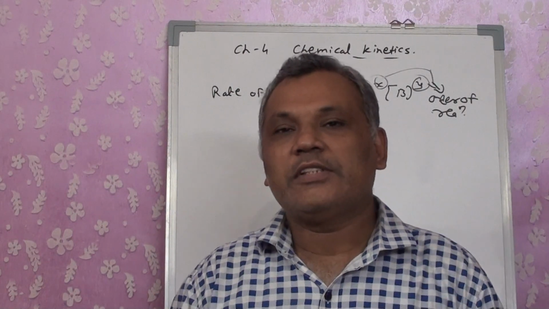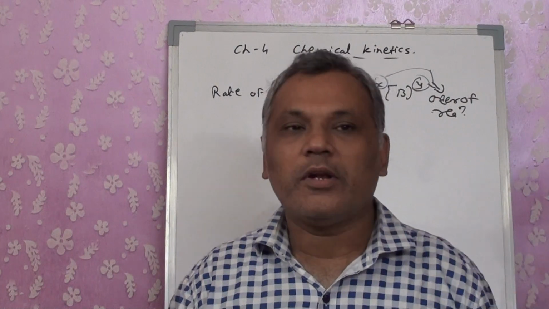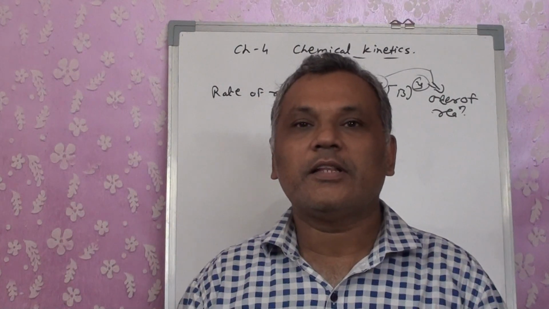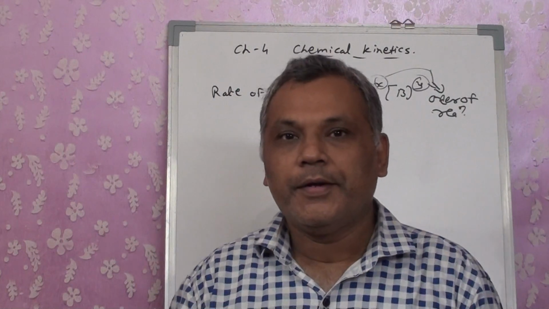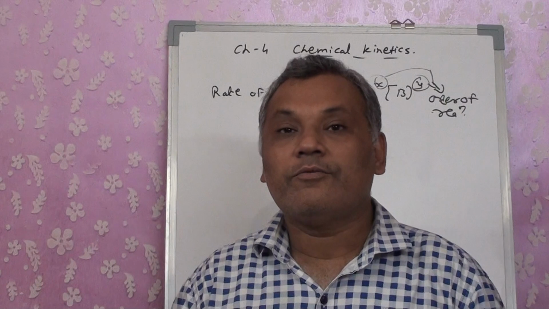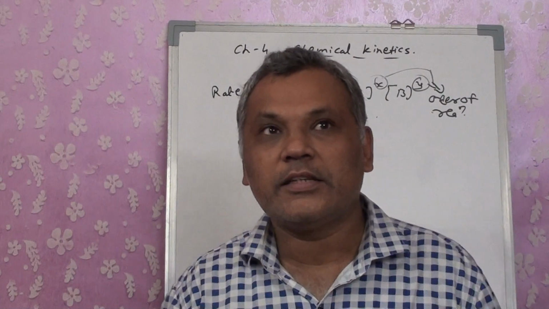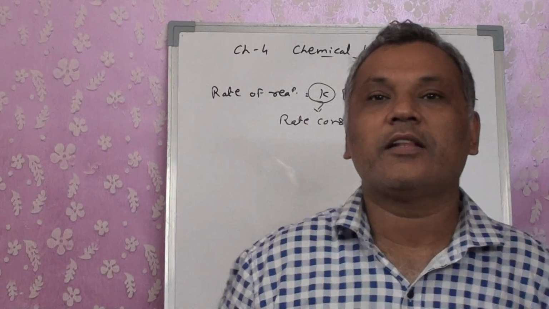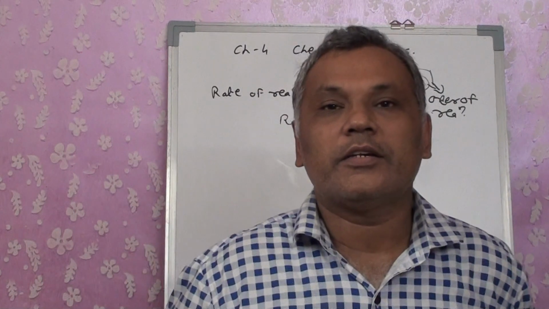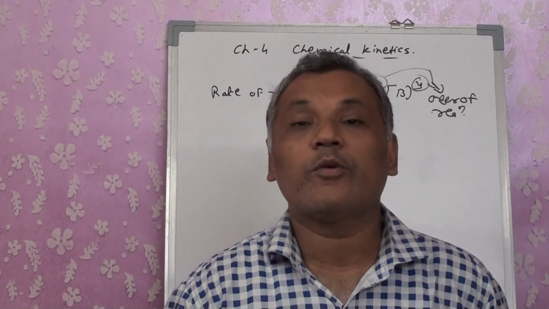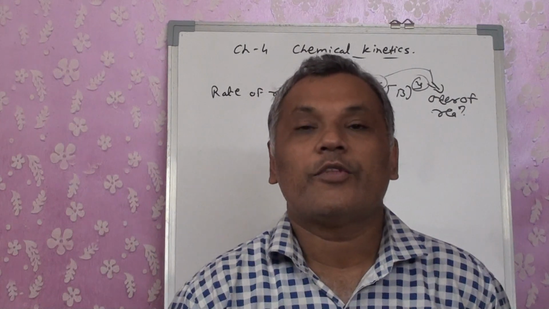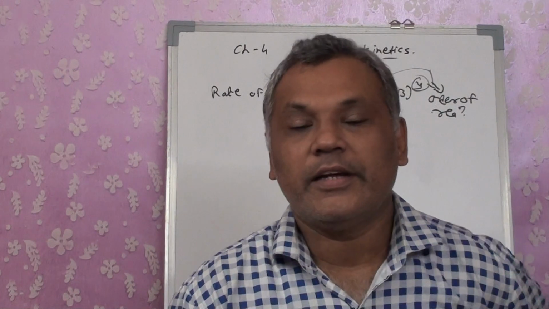Similarly, in any chemical reaction, it is not necessary that all the molecules will react at a time. We studied last year in the 11th that there are different kinds of kinetic energies. Some have average kinetic energy, some have most probable, and some have very fast kinetic energies.